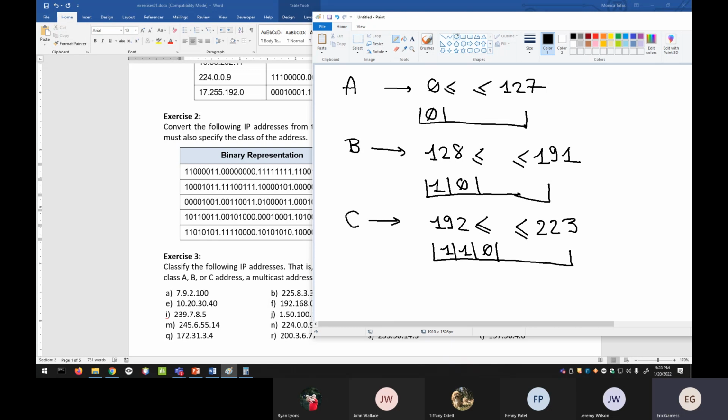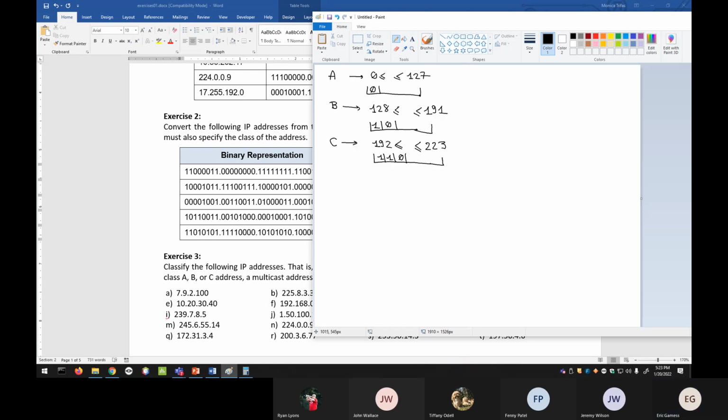What can we say about the class D? The first byte is between 224 and 239. And the first 4 bits will be 1, 1, 1, 0.